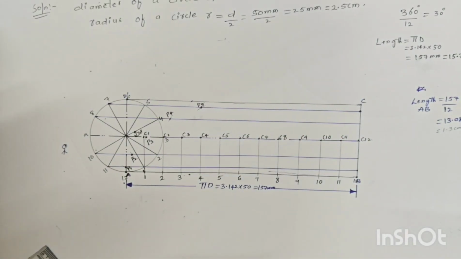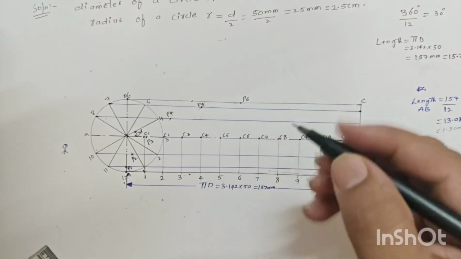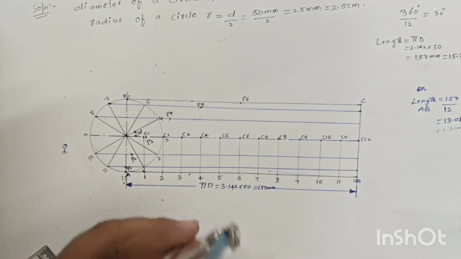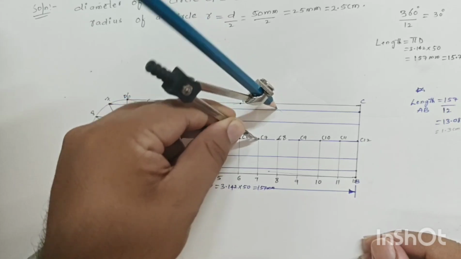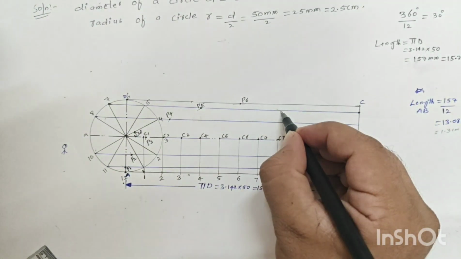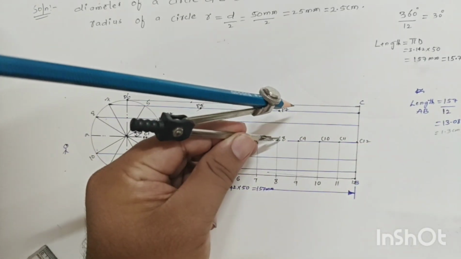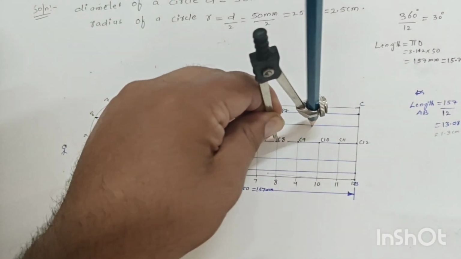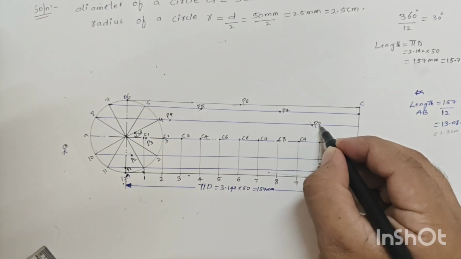Clear? So this is P6. Place a compass on C7, mark on the seventh line. Which is the seventh line? 7 and 5. Is it right? So this is P7. Place a compass on C8, mark on the 8th line. So this point is P8.